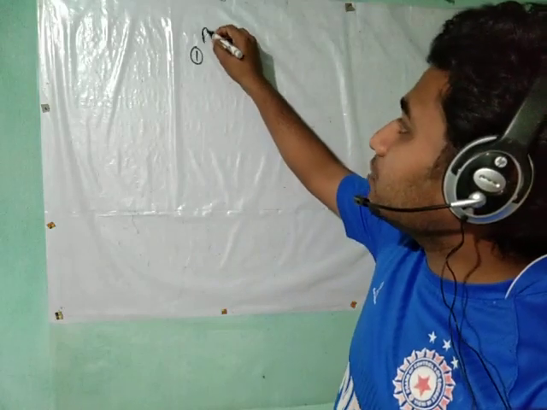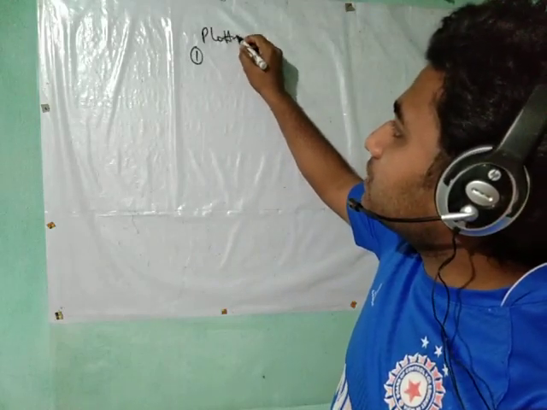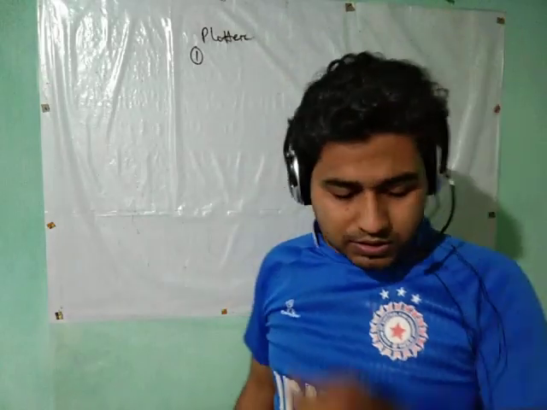Number 1, plotter. What was a plotter? A plotter is almost similar to a printer, that means a printing device. Since it is a printing device, it comes in the category of an output device.